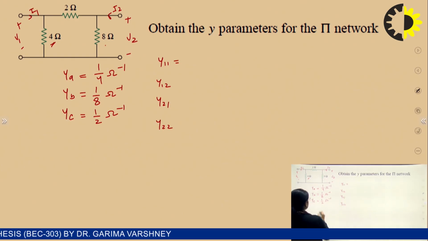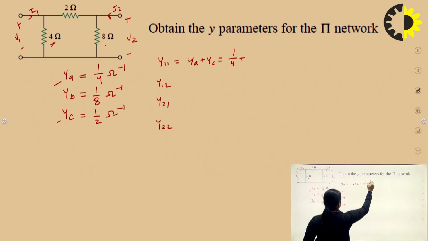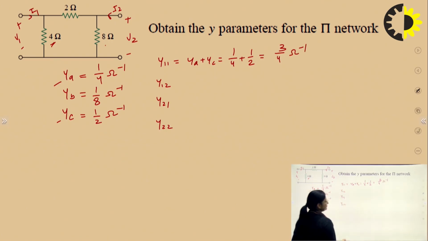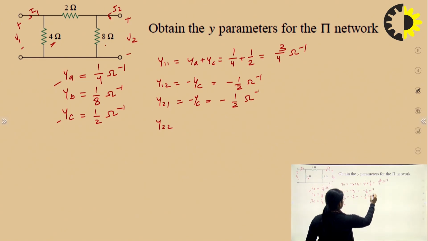Now, calculate the parameters Y11, Y12, Y21 and Y22. Y11 is equal to YA plus YC, so 1 by 4 plus 1 by 2 is equal to 3 by 4 ohm inverse, right? Y12 and Y21 are equal to minus YC, so these values will be minus 1 by 2 ohm inverse.